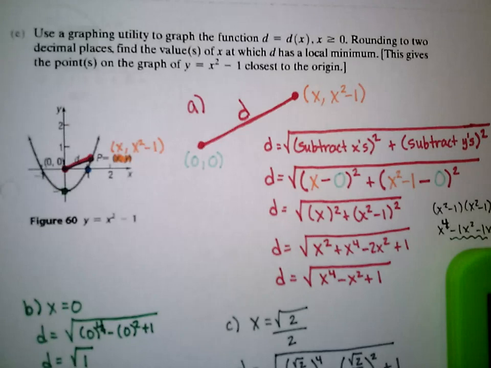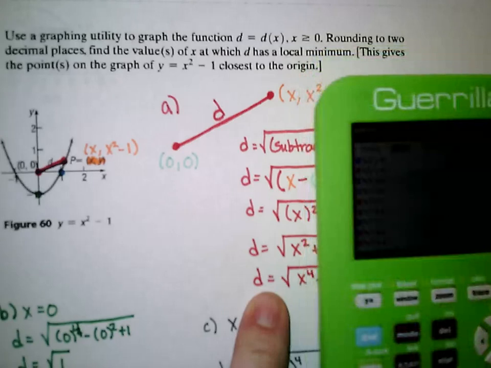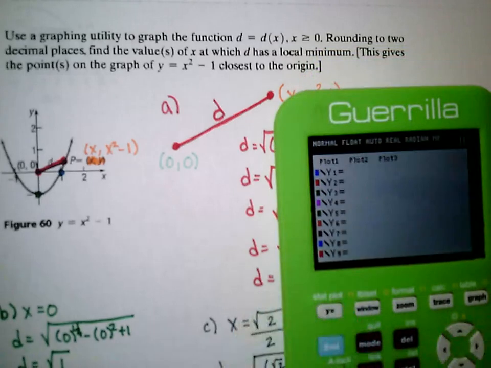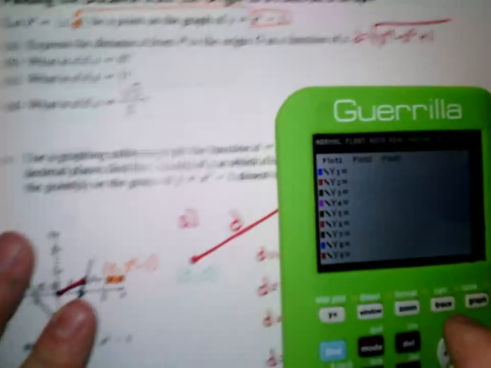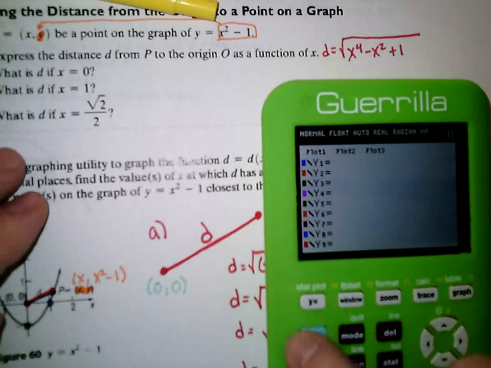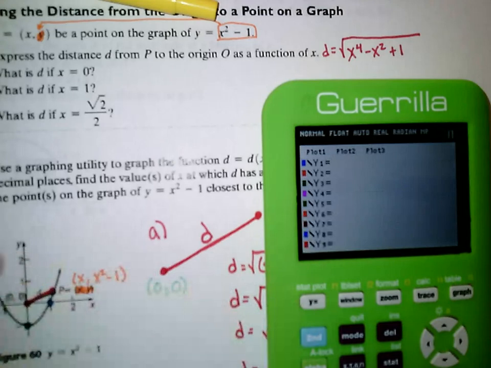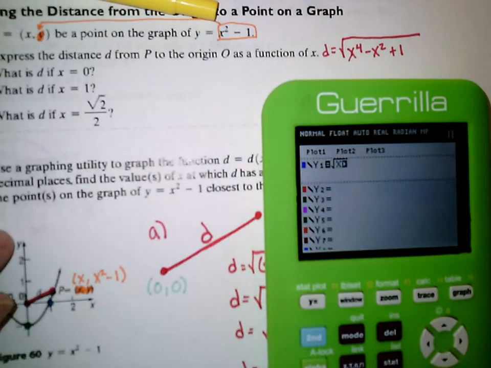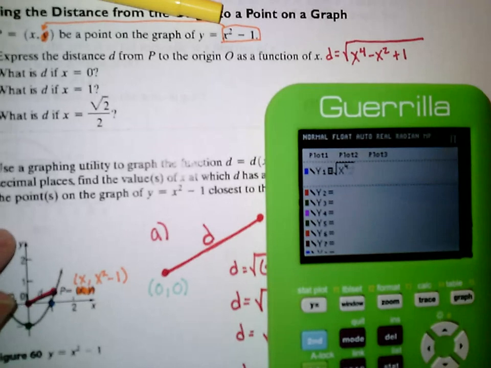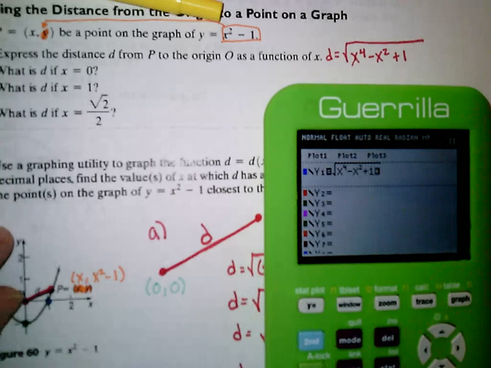So we're going to be putting our distance function into our calculator. So we'll go in y equals, and we need the square root of x to the 4th minus x squared plus 1.